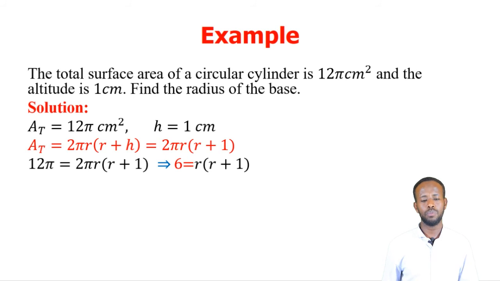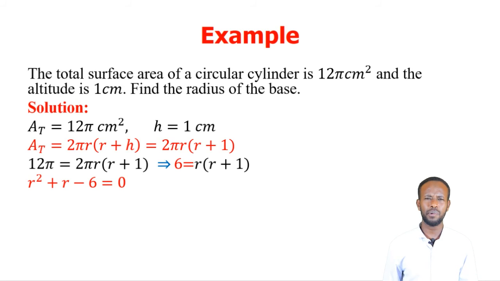Both sides divided by 2π, the 2π cancels. 12 divided by 2 is 6. So we have 6 is equal to r times (r plus 1). When we multiply r to r plus 1, we get r square plus r is equal to 6. So r square plus r minus 6 is equal to 0.